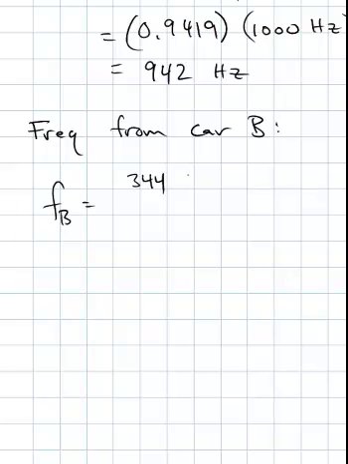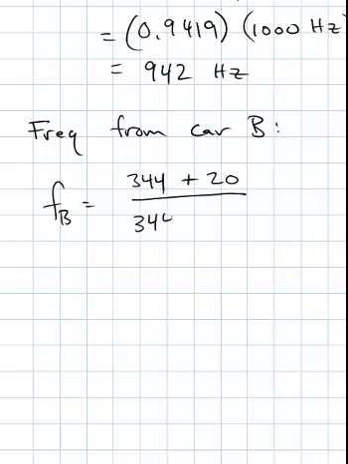Now, you're moving, but you're moving toward the source. So that would make the frequency higher. We need to make the numerator larger. So we're going to add 20 meters per second to the numerator. In the first part of the problem, we subtracted because you were moving away from the source. In this case, you're moving toward the source, so that makes the frequency shift up a little bit.